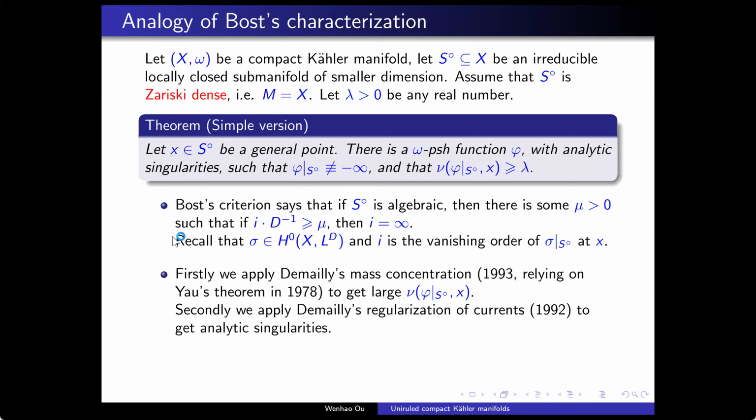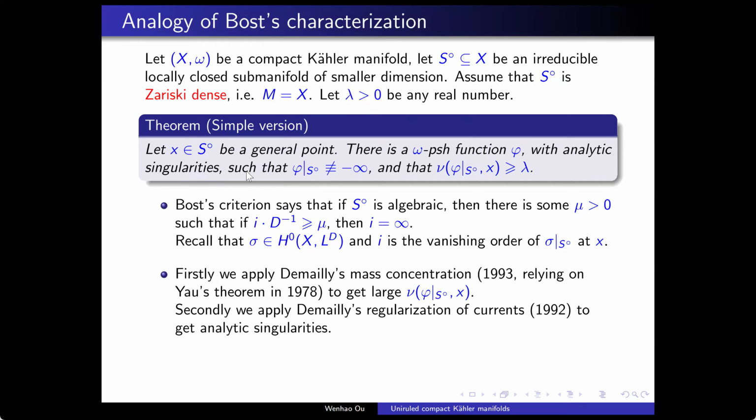And this vanishing order divided by D is just this Lelong number. So with this dictionary, we see that this is exactly the negation of Bost's criterion. So there is some sigma with I(D minus one) larger than lambda, such that sigma is not entirely zero on S0.